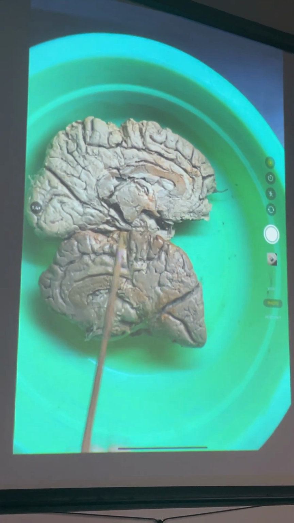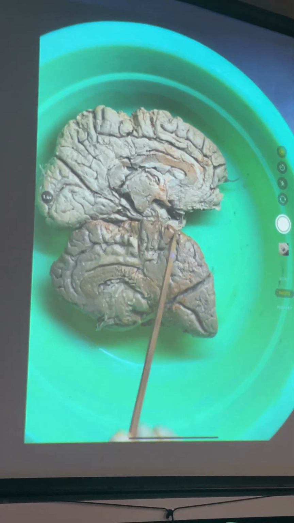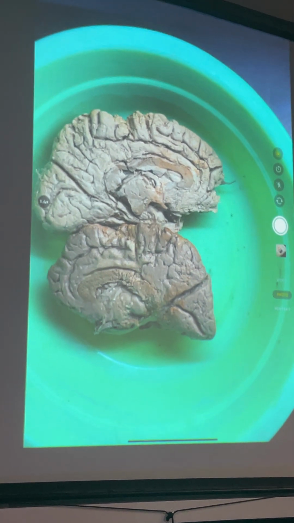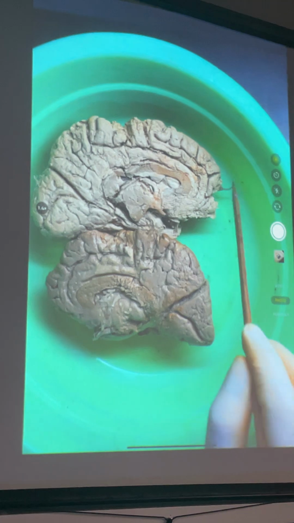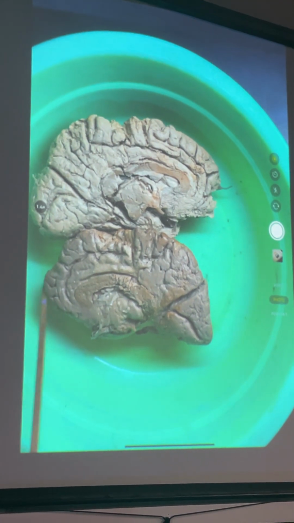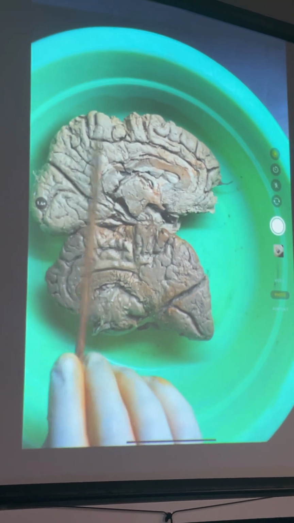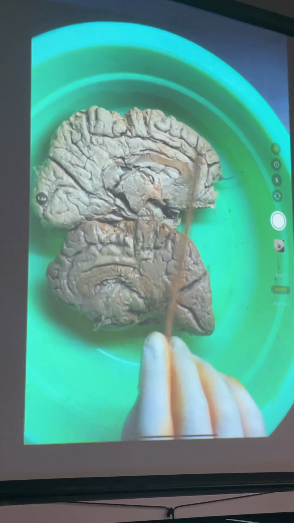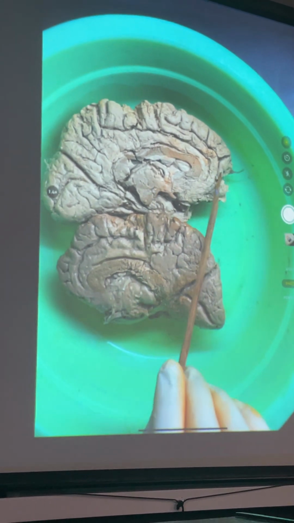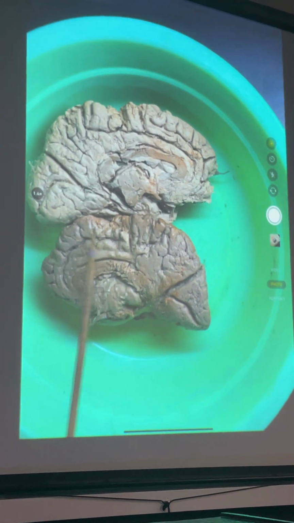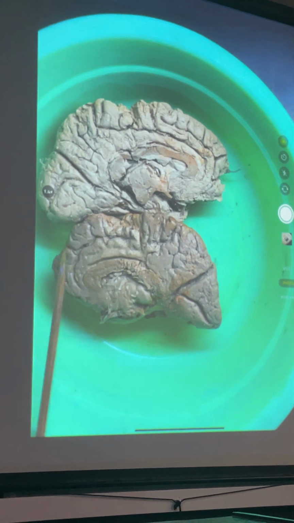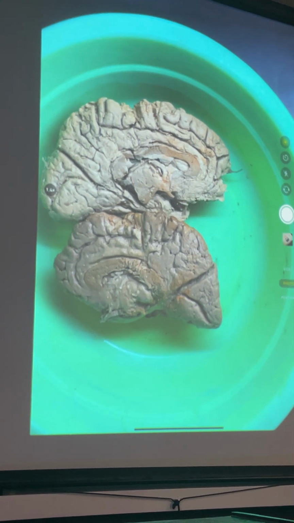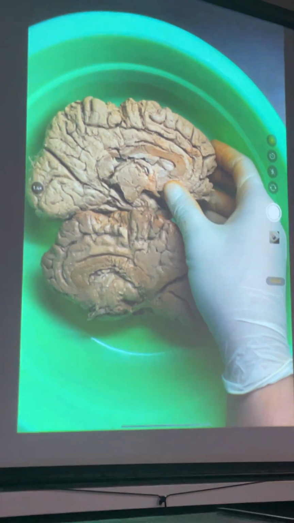So if this is the anterior portion, anterior to the paracentral lobule is the superior frontal gyrus. So this one here is the superior frontal gyrus.